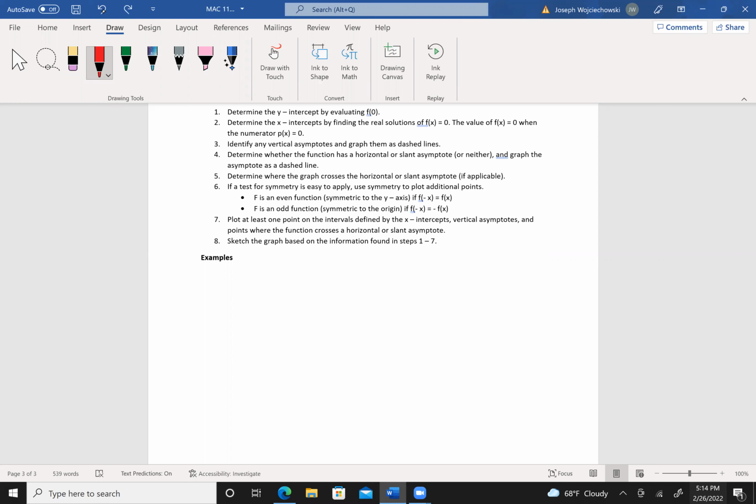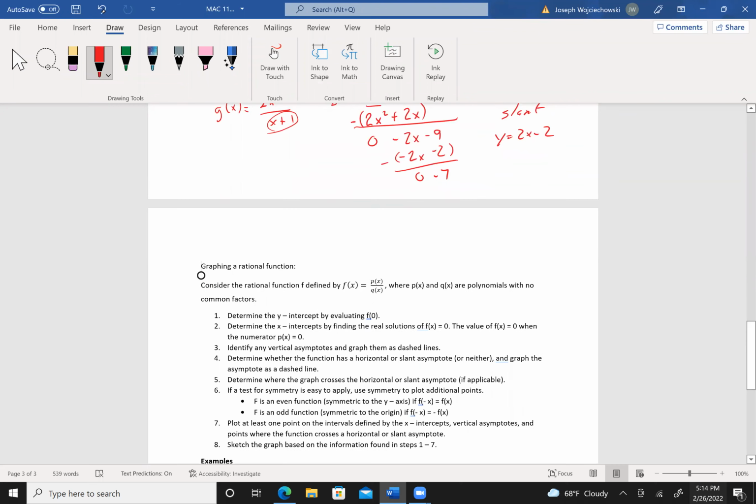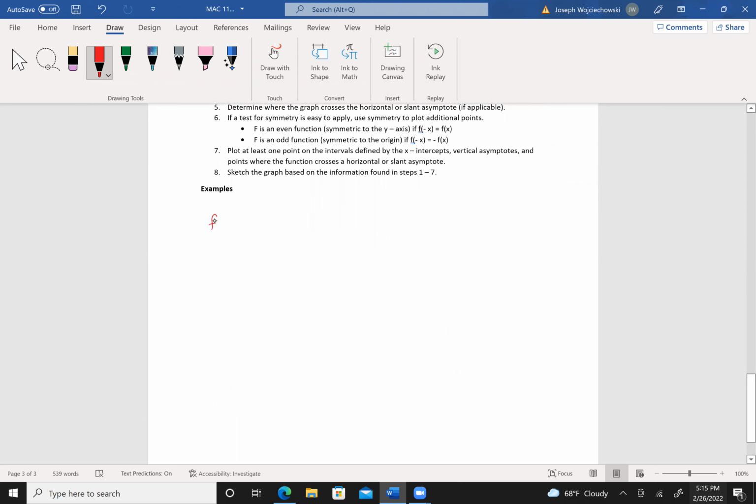So let's look, and let's do f of x equals (x minus 1) over (x plus 4).